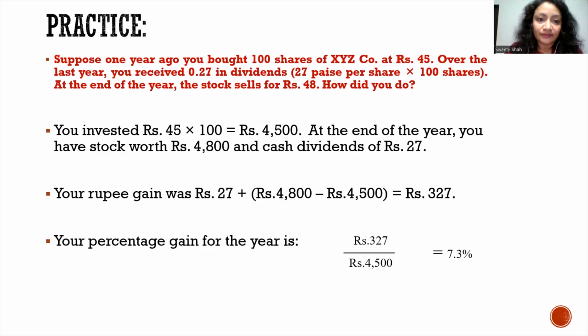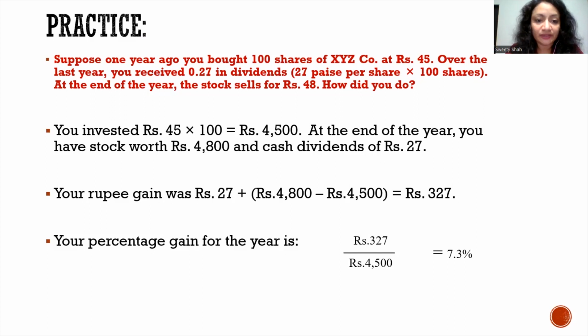At the end of the year, the stock you are selling at rupees 48. So here, what would be your total return? You invested a total amount of 45 rupees per share, multiplied by 100, so it's 4500. At the end of the year, the value has enhanced to 4800 and the cash dividend that you are receiving is 27 rupees.